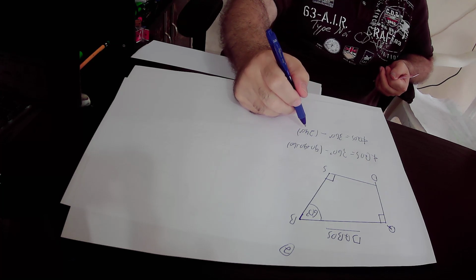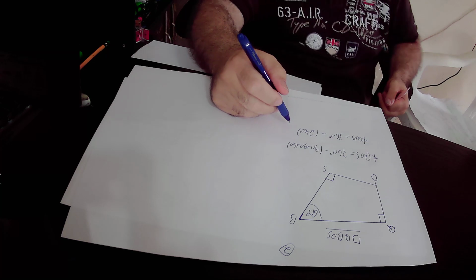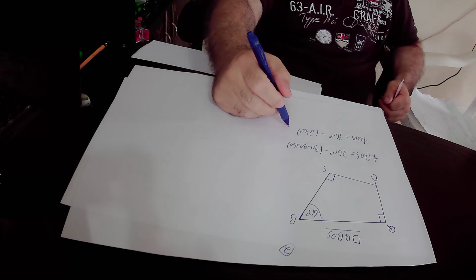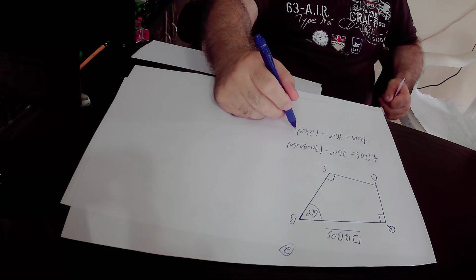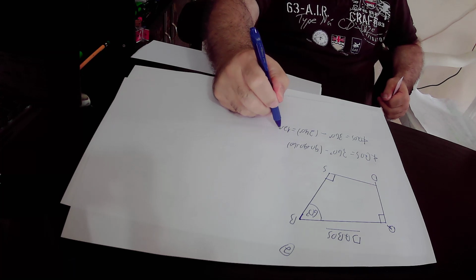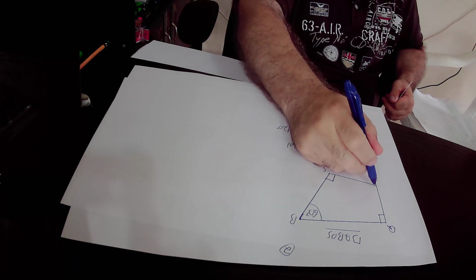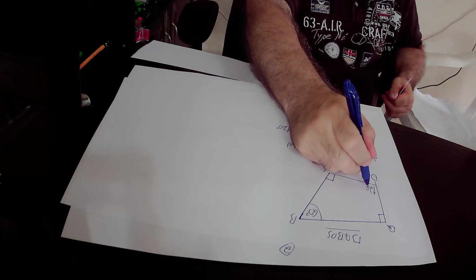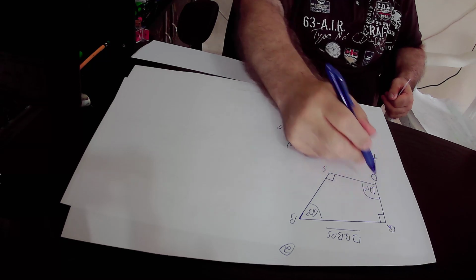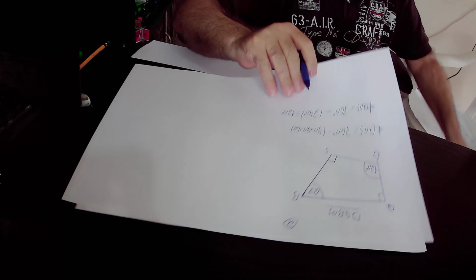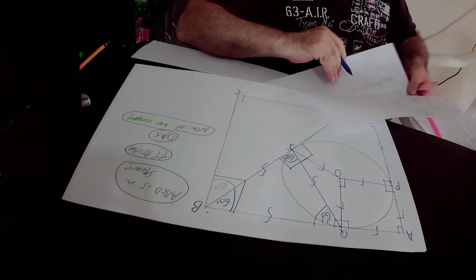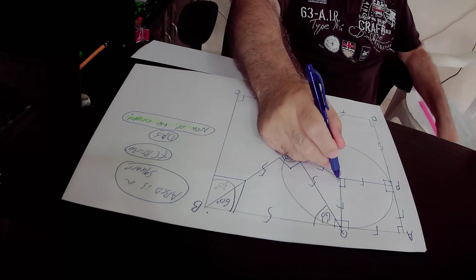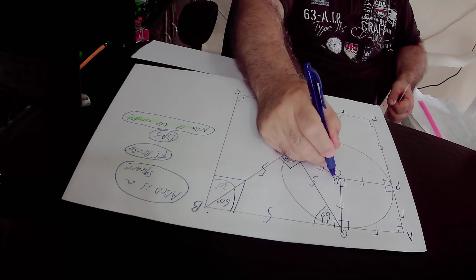So the missing angle QOS will be equal to 360 degrees minus 240 degrees, which is equal to 120 degrees. Angle QOS equals 120 degrees. So you can write here that angle QOS equals 120 degrees.